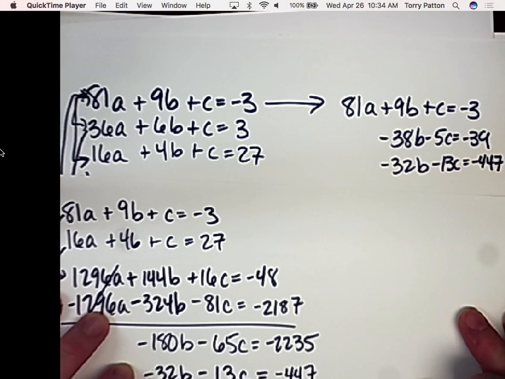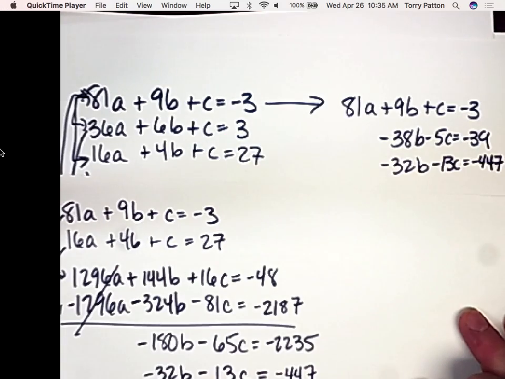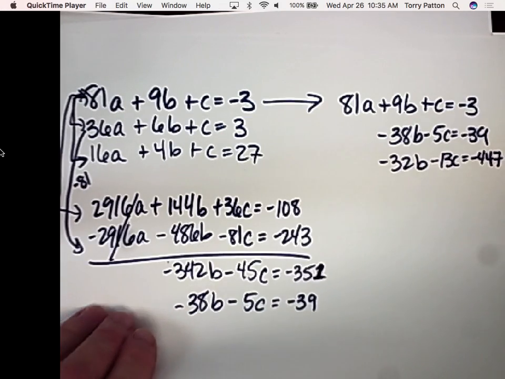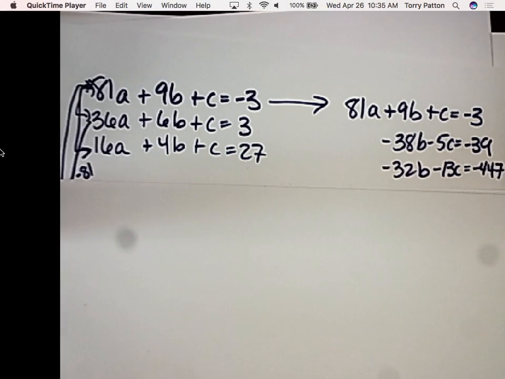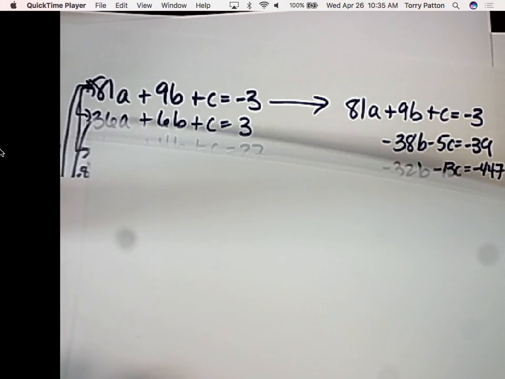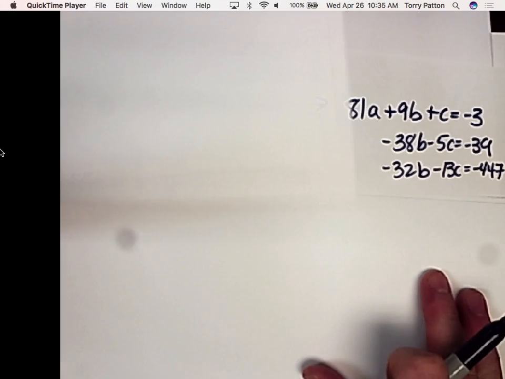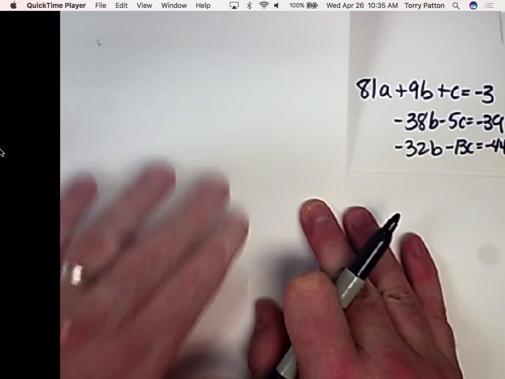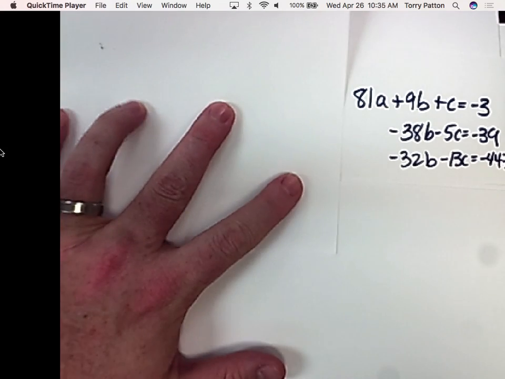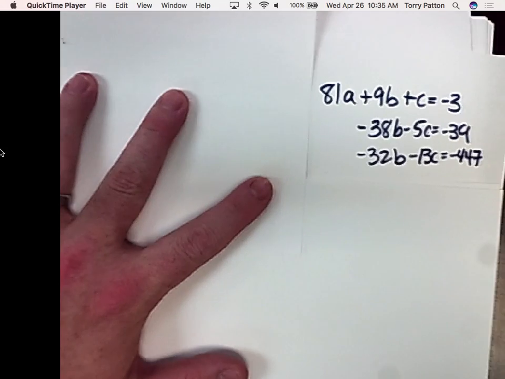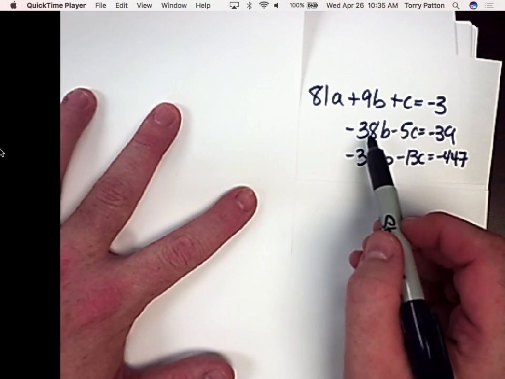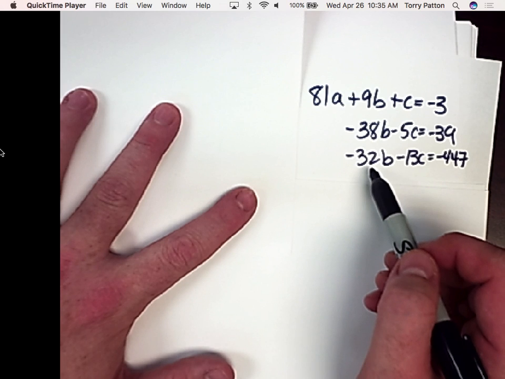Okay, then what is the last step? Use these two to eliminate b. Okay, so we're down to, okay, so we need to use those last two to eliminate b. What I would do is multiply the top one by 32, the bottom one by 38.